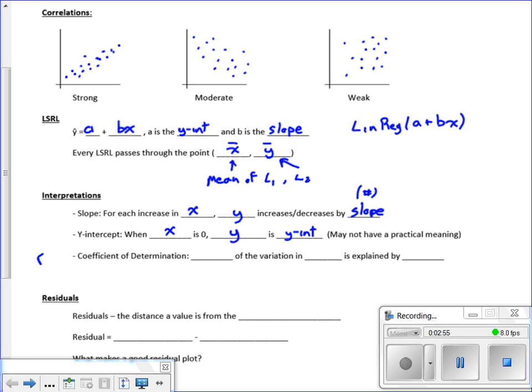The coefficient of determination, remember, that's r squared. That's whatever that is, blank percent of the variation in y is explained by x. This is a good time to remind you that y sometimes is referred to as the response variable and x the explanatory variable. Right, so shocking development here that the explanatory variable does the explaining.